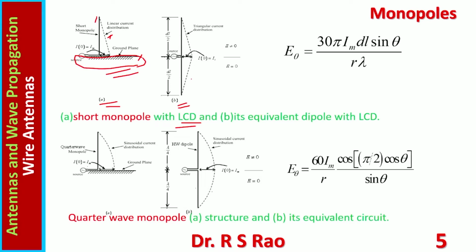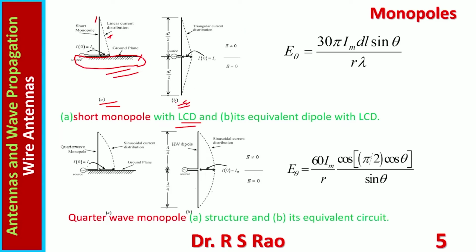This is not equivalent to A when it comes to radiation in the lower hemispherical region. Anyway, we know well that in the lower hemispherical region, radiation is nil. We want radiation only above the ground plane. To find that, we can use structure B.